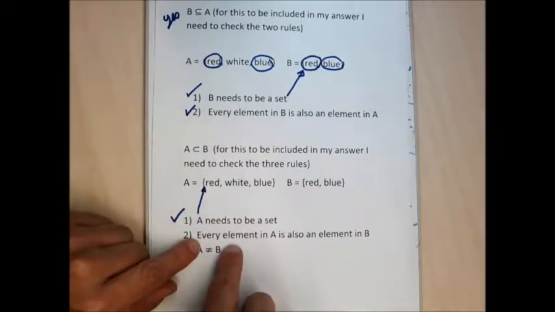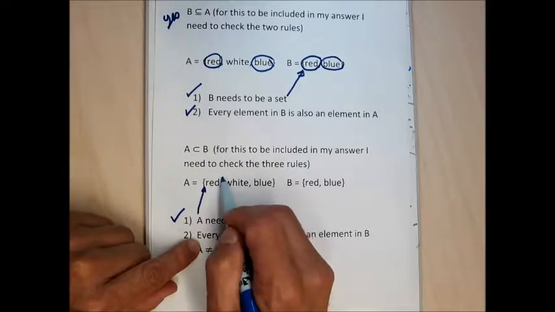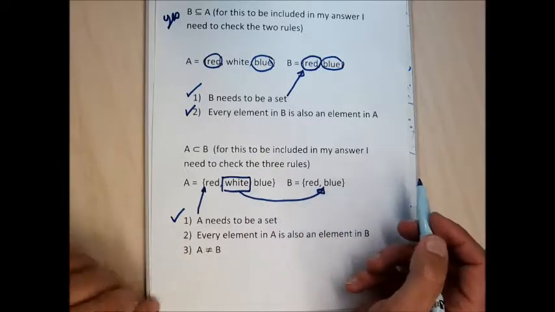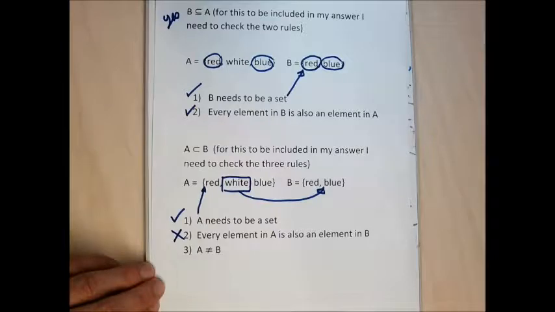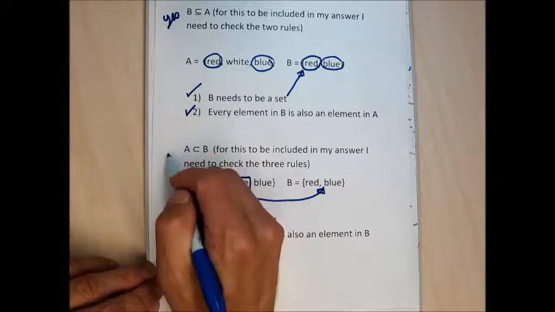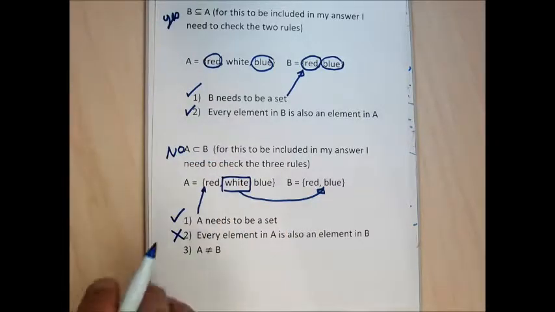Second criteria, every element of A has to be an element of B, and this is the one that's violated because there's an element in A that's not also in B. As soon as one of the three rules for a proper subset is violated, then you can stop and that won't be part of my answer.